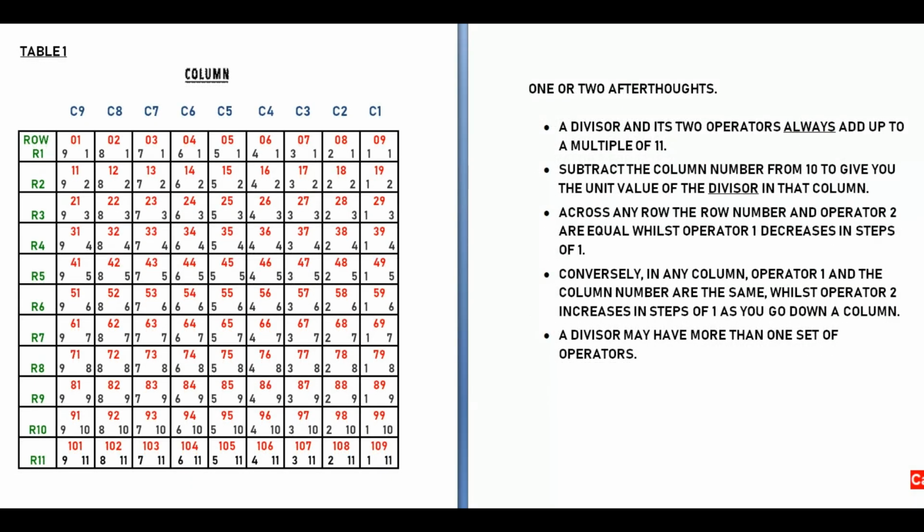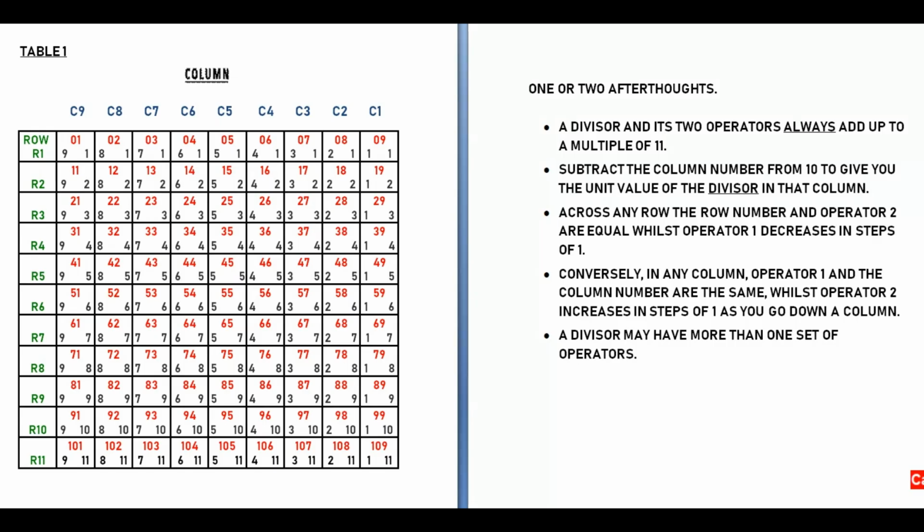One or two afterthoughts. A divisor and its two operators always add up to a multiple of 11. If you subtract the column number from 10, it will give you the unit value of the divisor in that column. Across any row, the row number and operator 2 are equal, whilst operator 1 decreases in steps of 1.